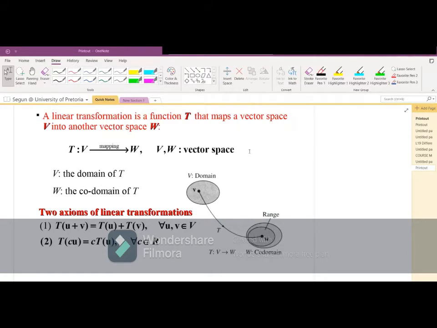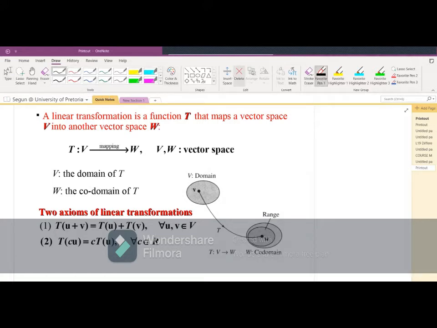When we call linear transformation, just to quickly tell us why it is important to have all this in view, there are so many things that are involved in linear transformation.